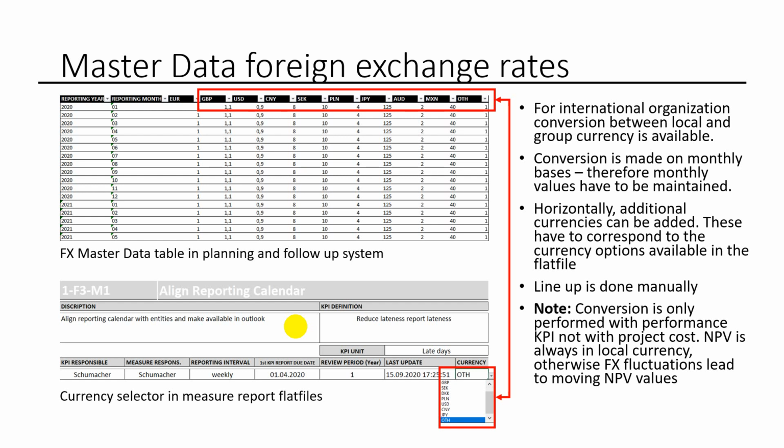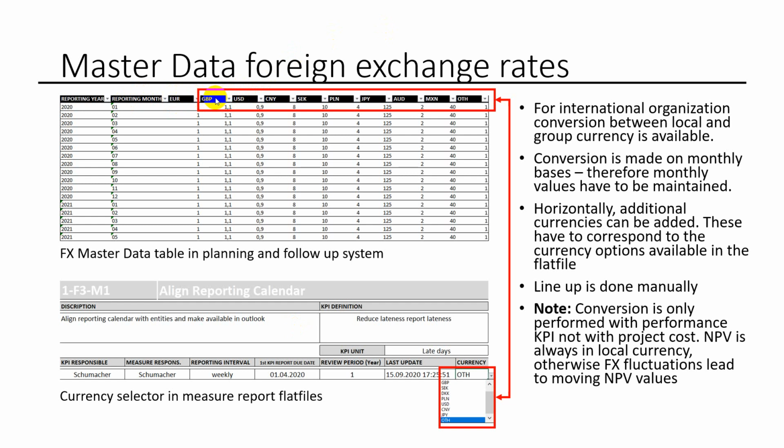So as part of the master data concept, you can have the whole calculation in local currency or in group currency, and therefore you need to, of course, provide the different exchange rates and the ISO codes for the different currencies. It is rather easy.